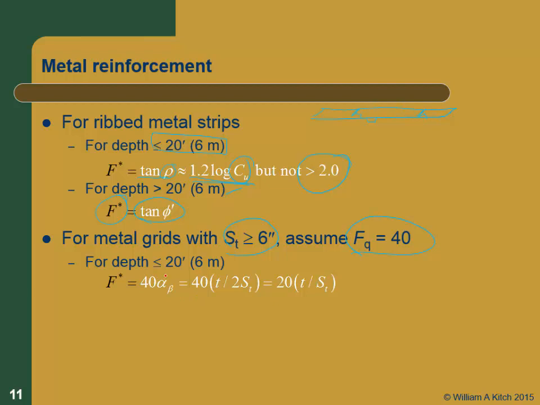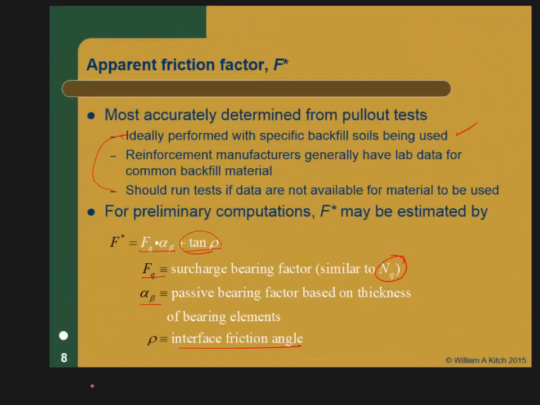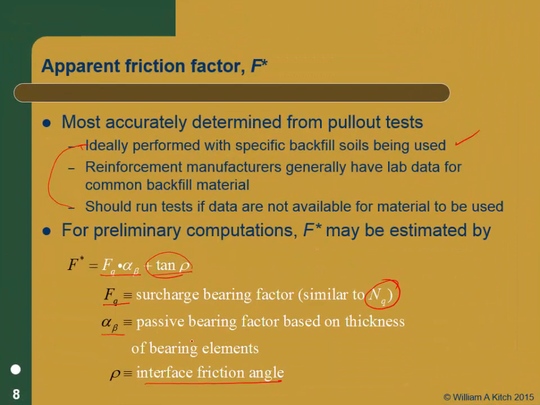So for depths that are less than 20 feet, we can just assume that we have 40 times alpha B. Remember, alpha B was a factor that's based on the thickness of the bearing elements.